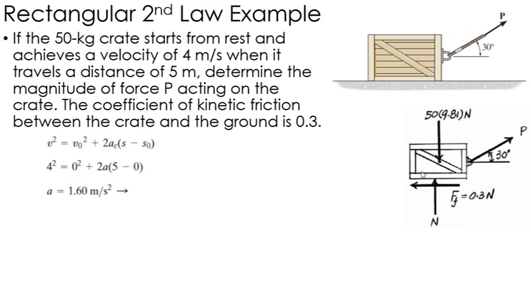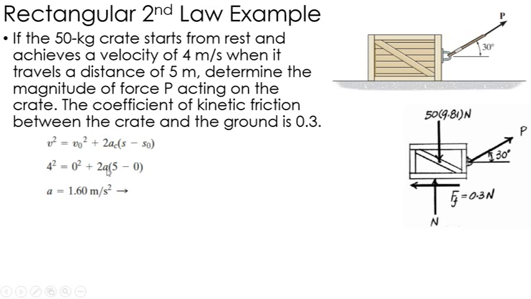So the first thing I need to do is I recognize that if I apply a constant force, I'm going to get a constant acceleration. I know the velocity at a position, so I use my constant acceleration equation that relates velocity and displacement. And so again, my final velocity is 4 meters per second. My initial is 0.